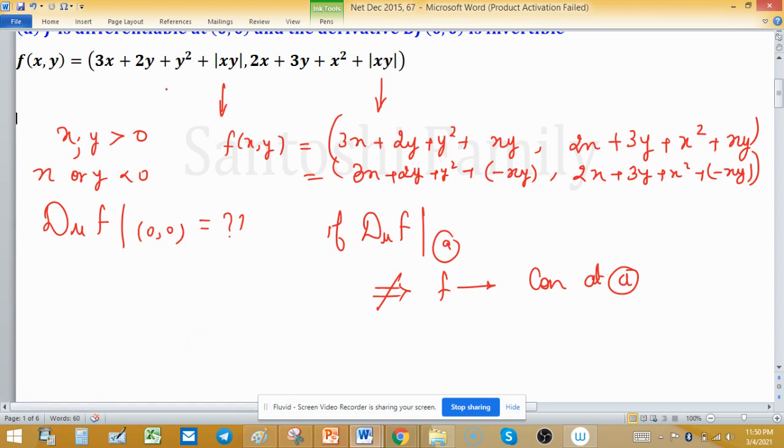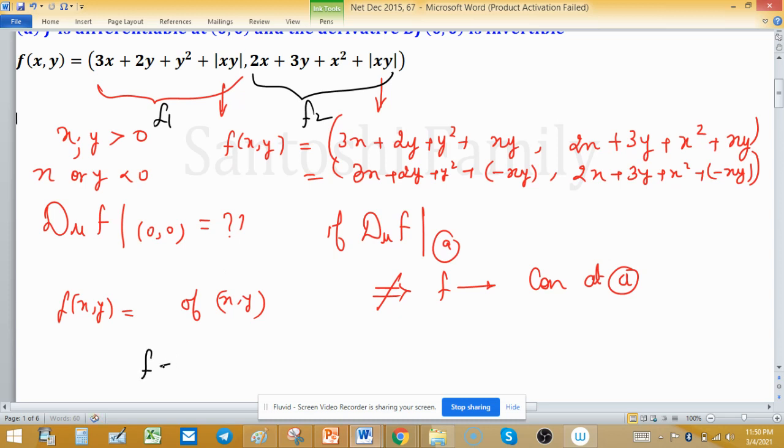As the image of the function involves xy, meaning two variables, f(x,y) means a function of x,y. So consider this one as f1 and this one as f2.